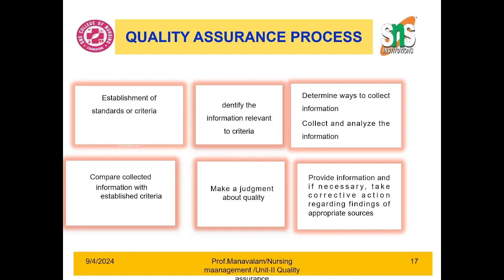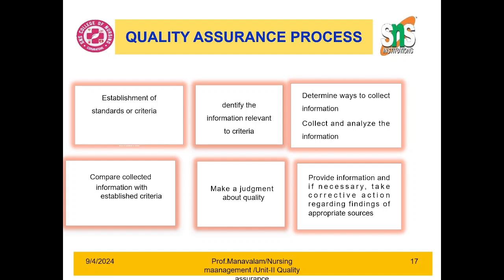Next, move on to the process of quality assurance. In the process, the first step is to establish the standards or criteria. Second step, we have to identify the information relevant to the criteria or supporting information for that particular criteria.